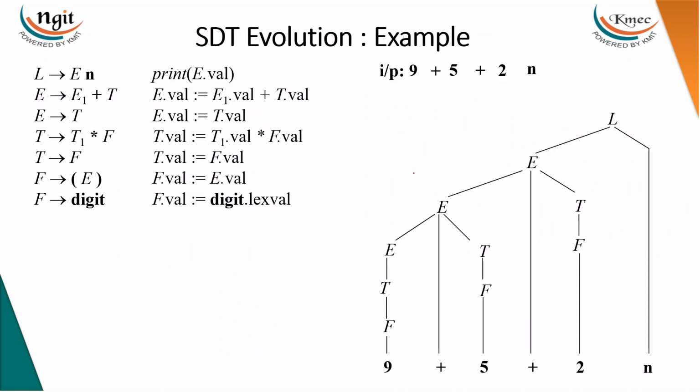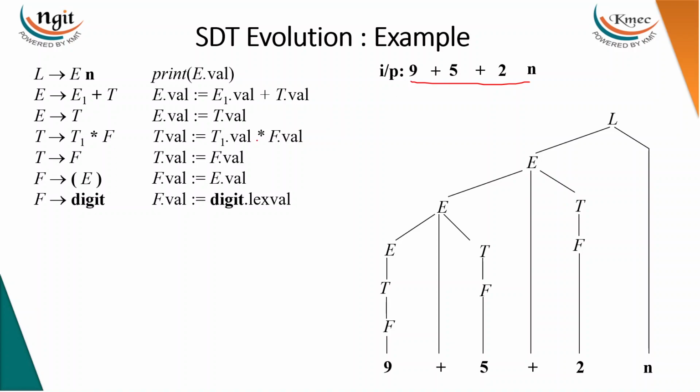Now, semantic analysis means we verify whether the statement is meaningful or not, with the help of actions. Of course, in this example, we are not going to discuss much about type checking. If an action rule is given and an input is given, how are these action rules going to be evaluated for this input string?